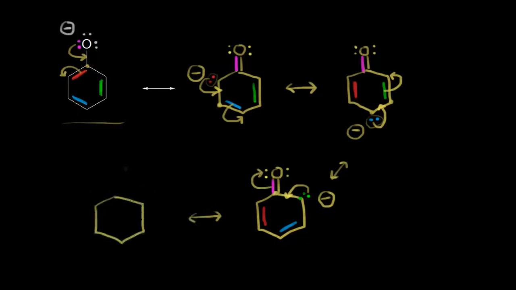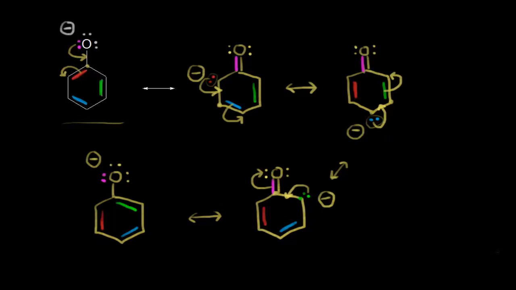We now have a single bond to this top oxygen and 3 lone pairs of electrons, giving that top oxygen a -1 formal charge. The electrons in magenta, let's say those are these electrons right here. Going around our ring, we had electrons in red, electrons in blue right here, and finally the electrons in green moved into here.